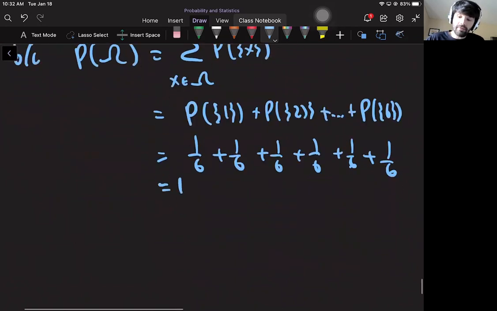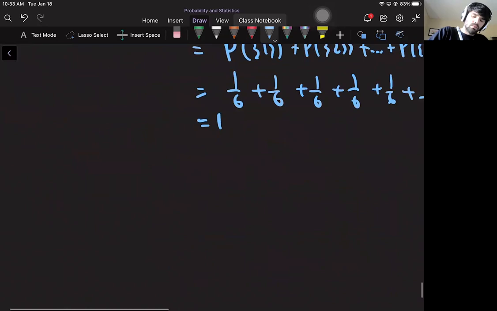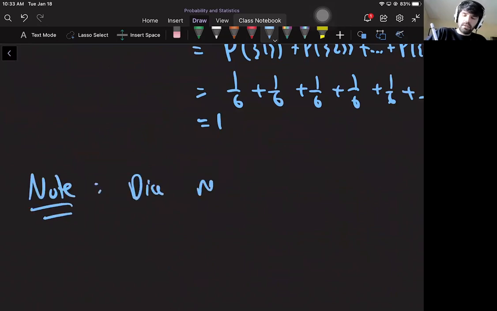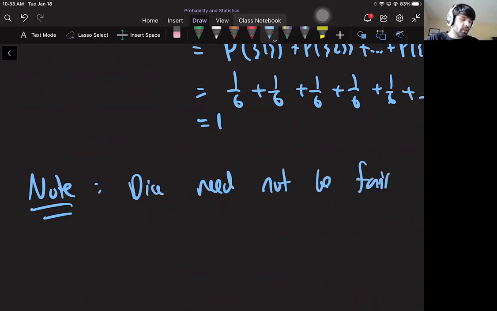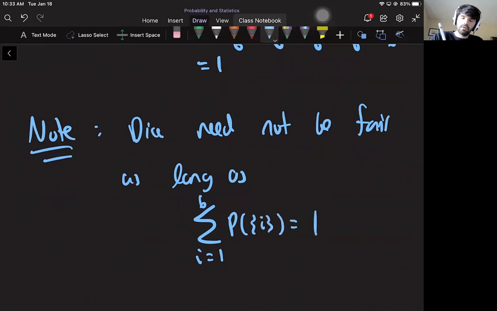So we don't have to have a fair dice either. So the dice need not be fair as long as the total probability adds up to 1. So as long as, if I just go from 1 to 6, which is another way of saying what I just said, and I add that up to 1, so that's really the same as this guy.